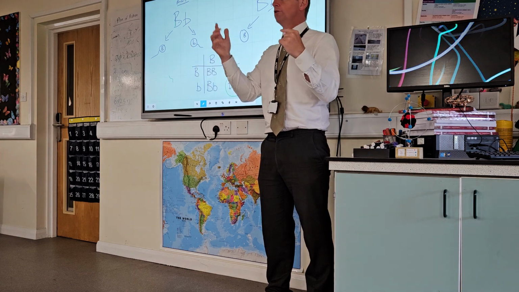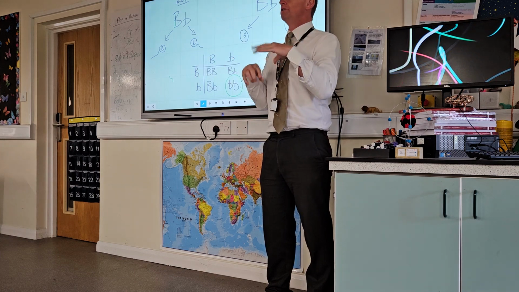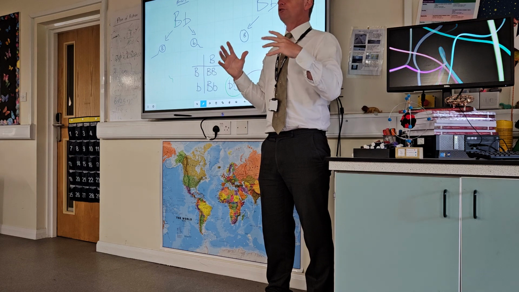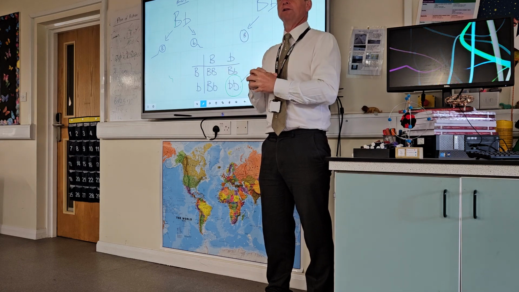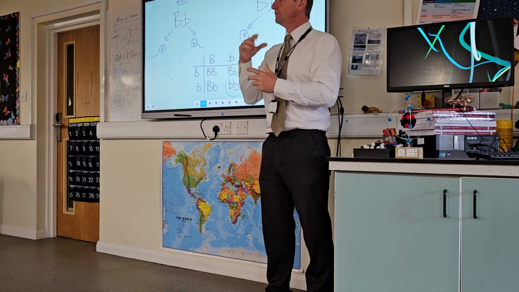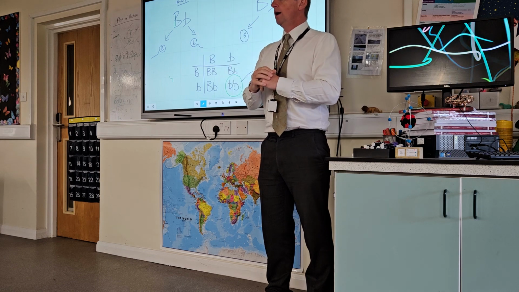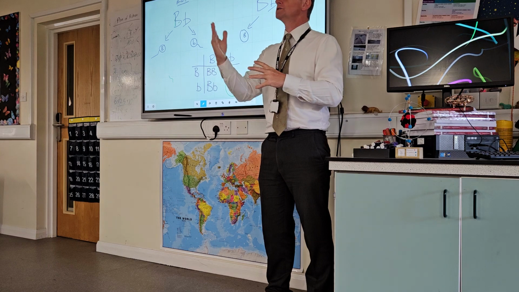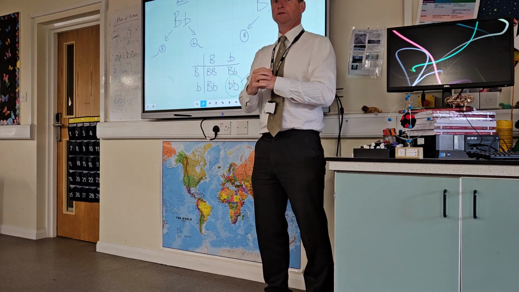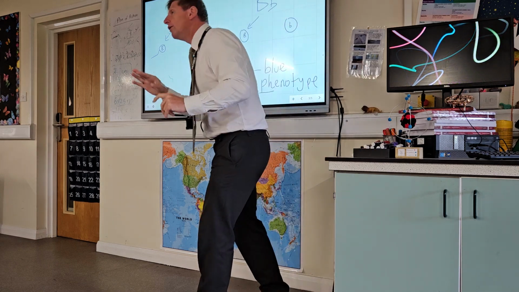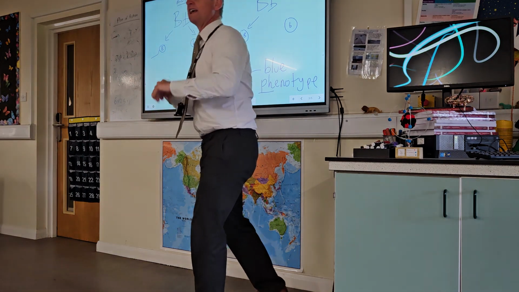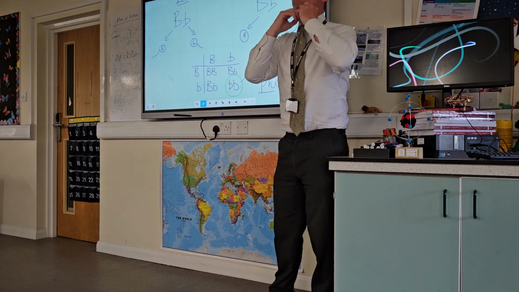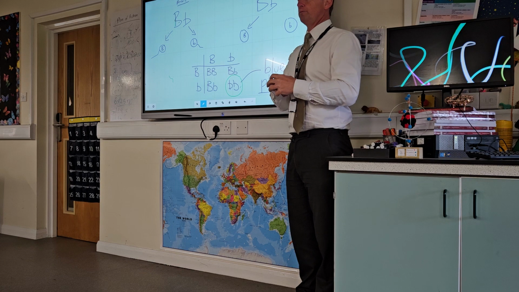I think if we all tongue roll and he doesn't, that would suggest in this room that big T is dominant, because that's more common, like brown eyes are more common. Our phenotype, what you see in the individual, is tongue rolling. I can't look at him and go, oh yeah, I see you've got big T, small t. That's the genotype, that's hidden. The phenotype is what you see expressed.